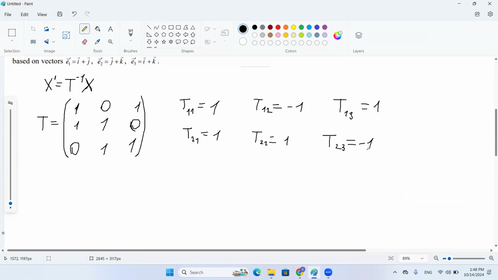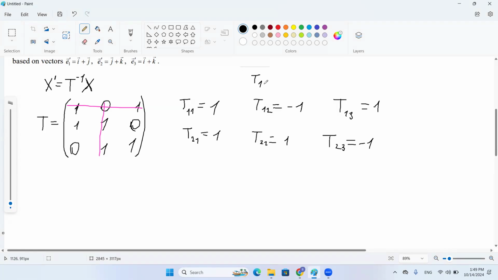But why is T12 equal minus 1? I think it's 1. So T12, how to calculate cofactor, so the formula for it. I got it, thank you. Yeah, so just not to forget.